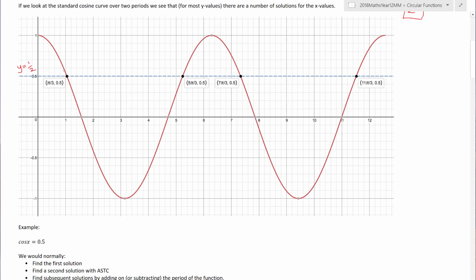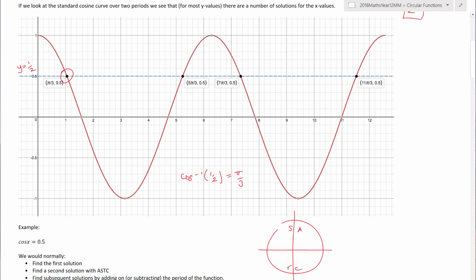Our calculator normally gives us that first value. If I put inverse cosine of a half, cos minus 1 of a half, onto my calculator, out would pop pi on 3. If we weren't using our calculator, I could use my two triangles and all stations to Canberra.